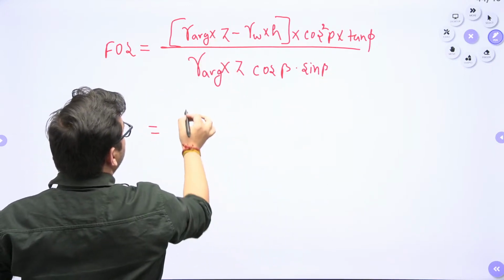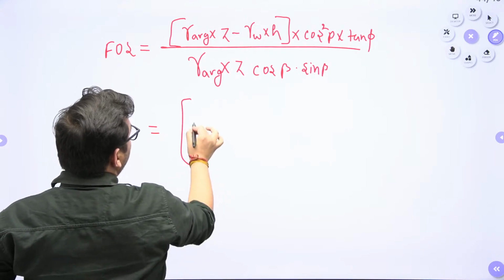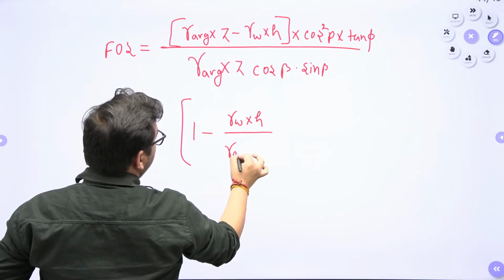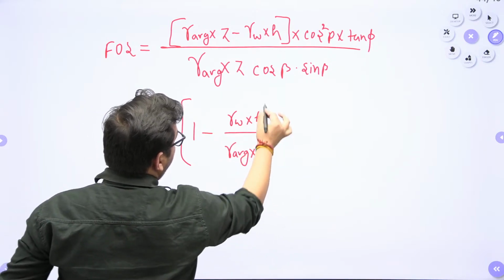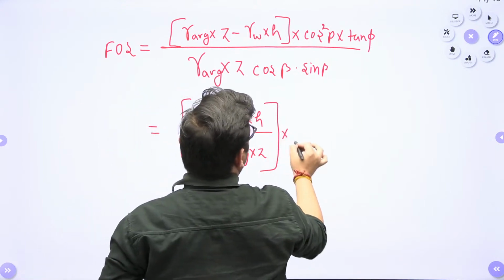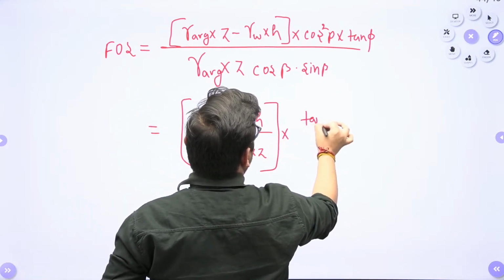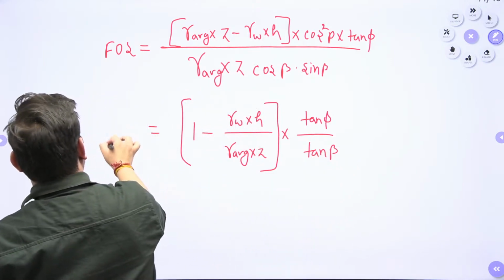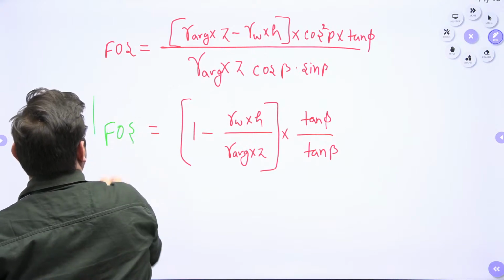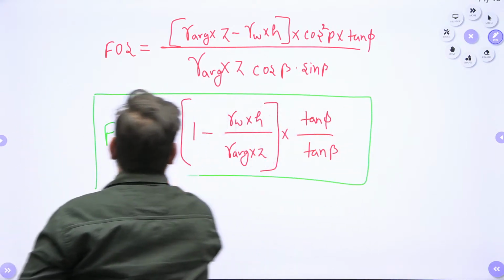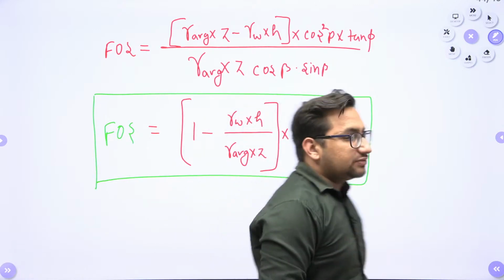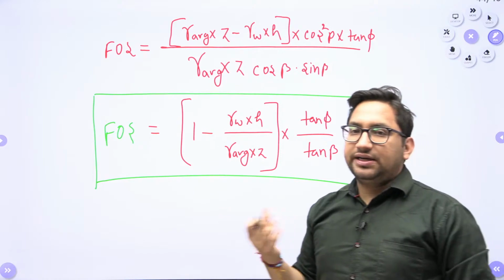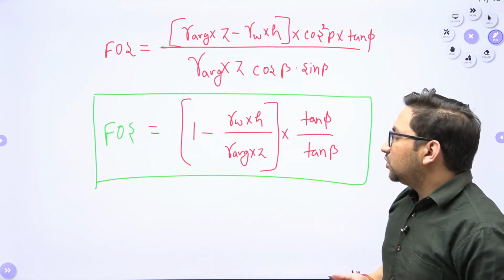So you might have remembered this particular formula in this fashion. If I divide this, it will be 1 minus gamma w into h upon gamma average into z, and it will be tan phi by tan beta. Clear? So like this also we can remember this formula for factor of safety, or directly you can write the stress values: while taking the shear strength, write the effective stress value, while taking the shear stress, take the total stress value, right?